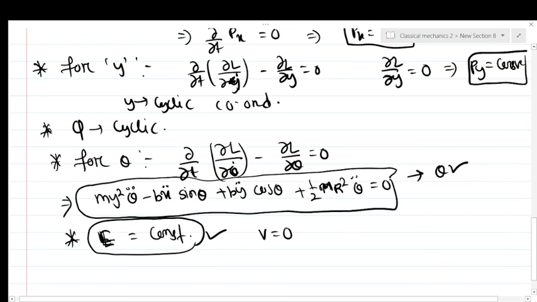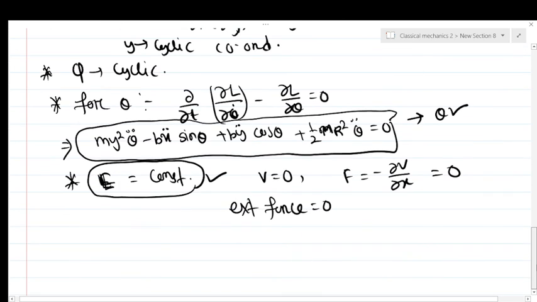As potential is 0, and force is the negative gradient of the potential, the force is also 0. So here the external force is 0, and so kinetic energy is also conserved, you can say.